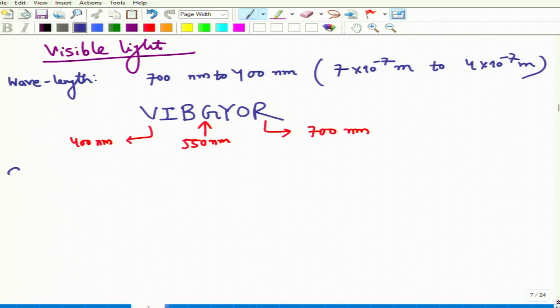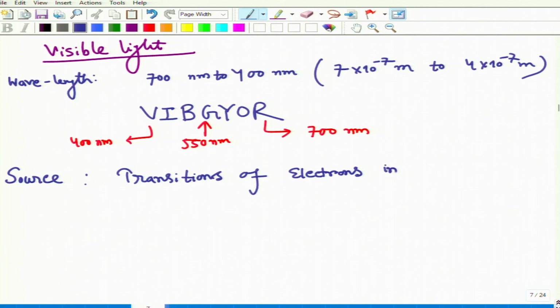After that, what is the source? There are many sources for visible light, but we actually see visible light due to the transitions of the electrons in an atom or molecule. Last time in the IR case we said that infrared electromagnetic radiation is emitted due to vibration of the molecules.